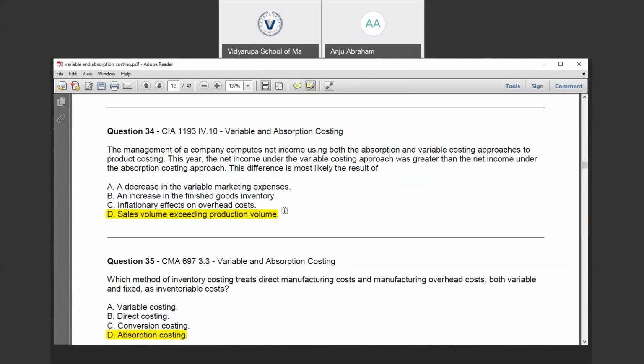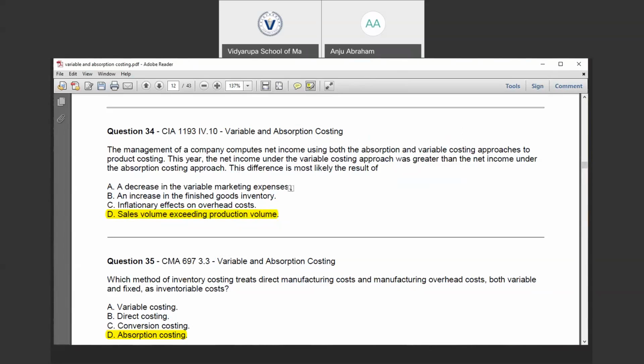We know that when sales exceed production, the income reported under variable costing would be higher than the income reported under absorption costing. A decrease in the variable marketing expenses would affect both absorption costing and variable costing; there is no difference in treatment.